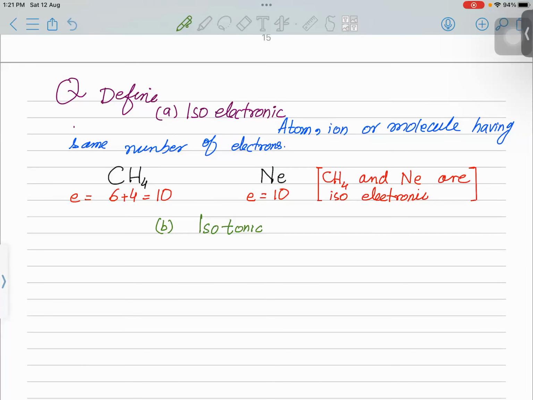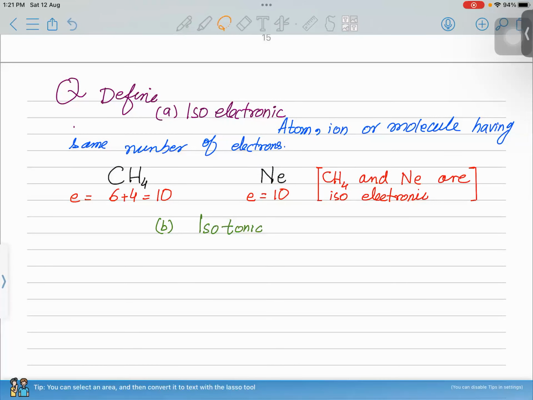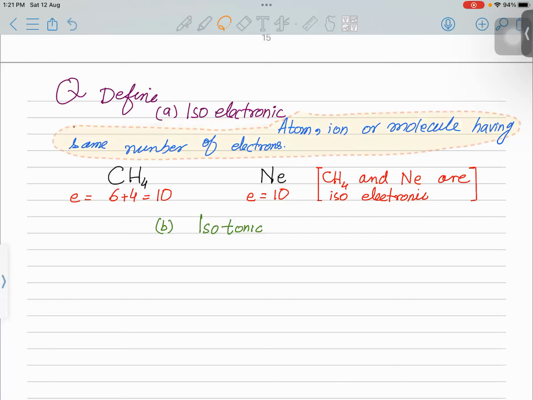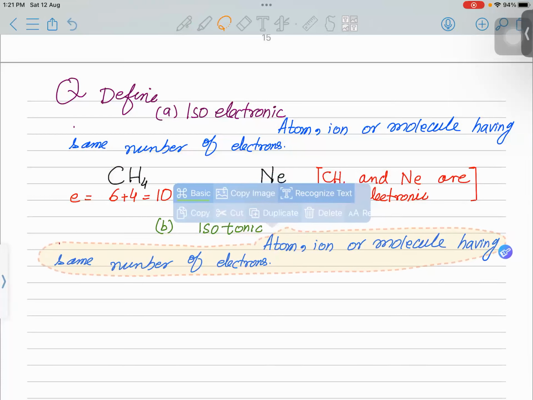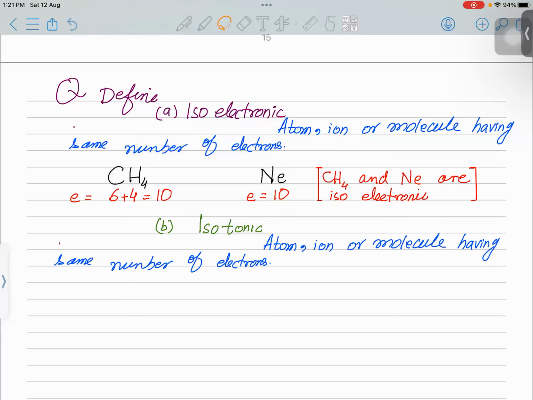Next is isotonic. Tonic means neutron. So can you tell me the definition of isotonic? An atom, ion, or molecule having the same number of neutrons.